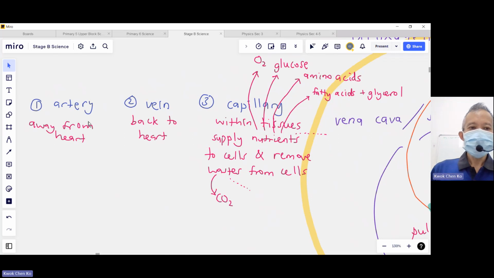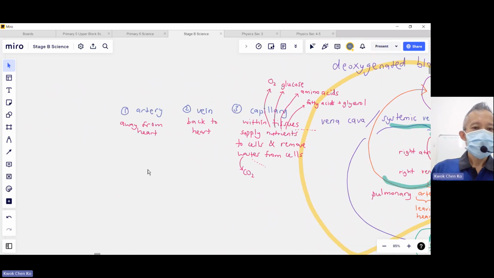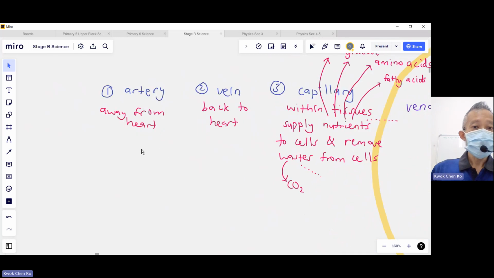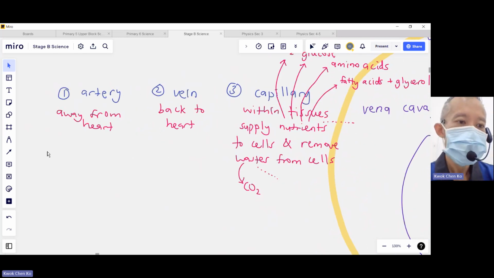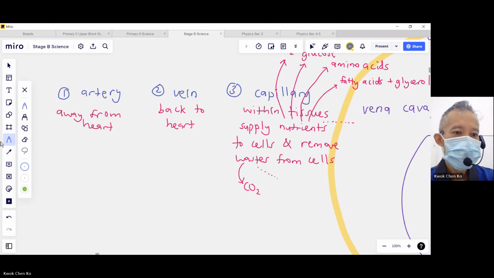The other thing is arteries typically carry oxygenated blood. Typically, take note of the word typically. All right, oxygenated blood. Okay, we see.